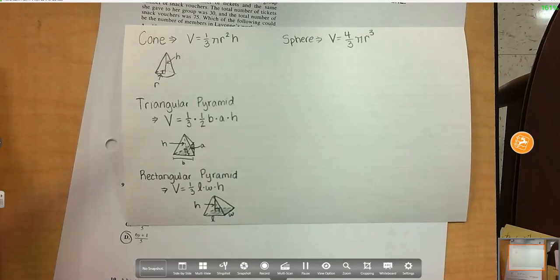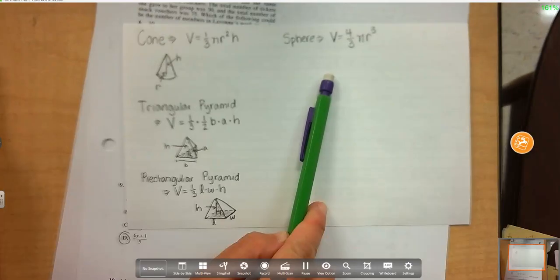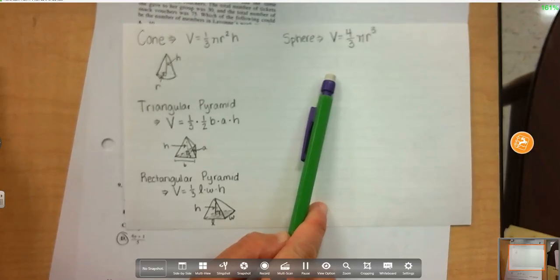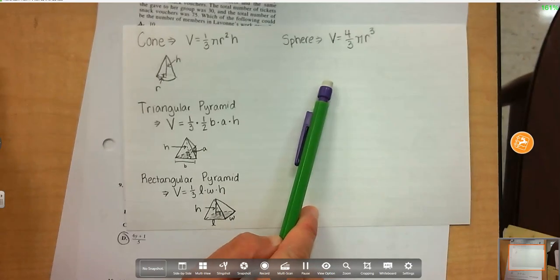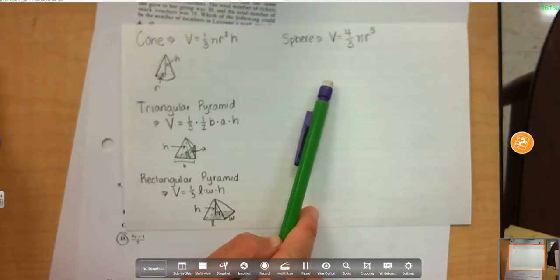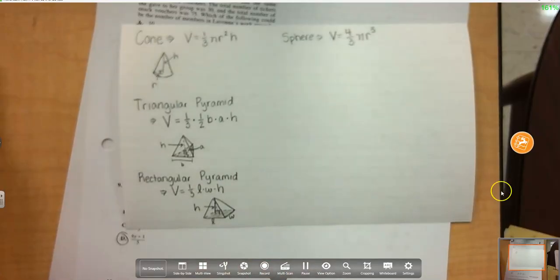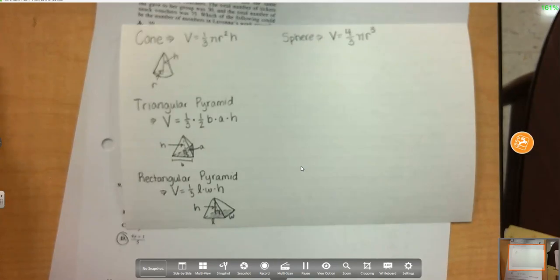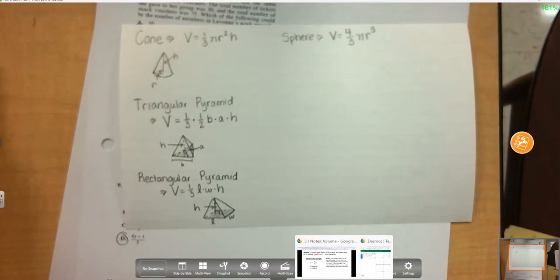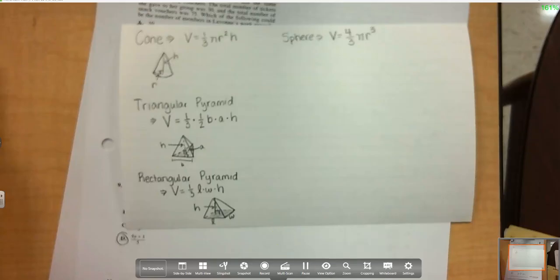Okay, everybody check your neighbors. Make sure they put 4/3 pi r cubed, to make sure they don't have it wrong. Because if you start off with the wrong formula, you're going to do badly. Okay, everybody got that one?